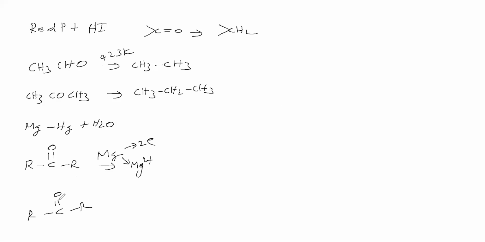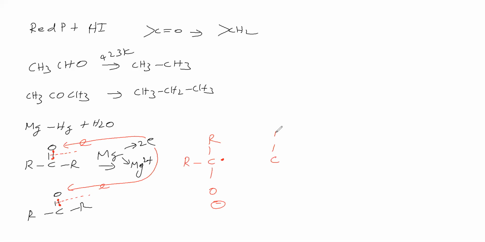Here, 2 electrons are present in this bond. This bond is breaking homolytically. Here also the bond is breaking homolytically. One electron is given to this oxygen, another electron is given to this oxygen. Therefore, we are getting R-C-R, carbon having one electron, and oxygen having negative charge because oxygen is gaining one electron from magnesium.